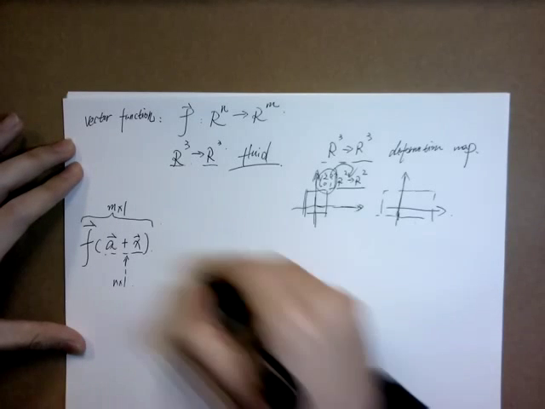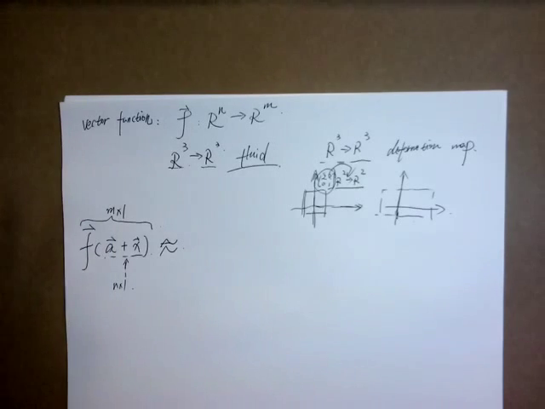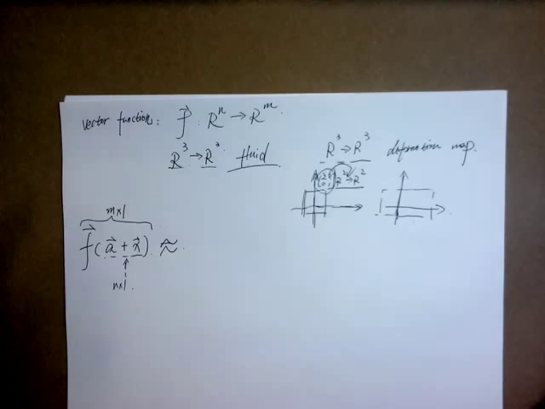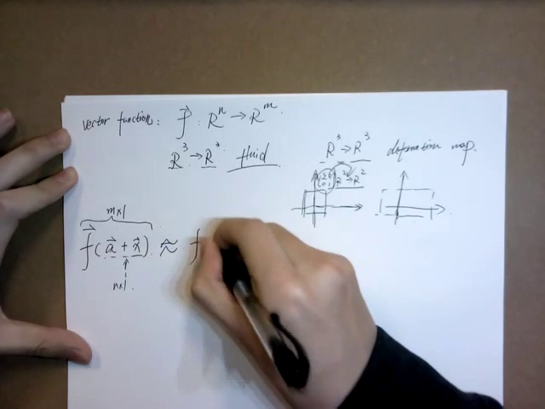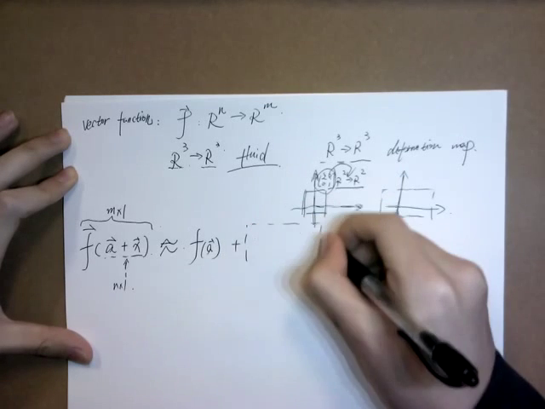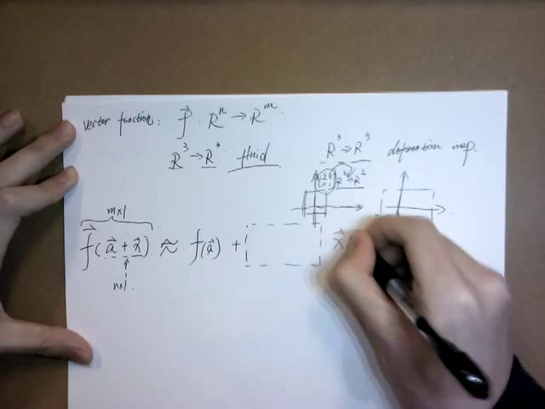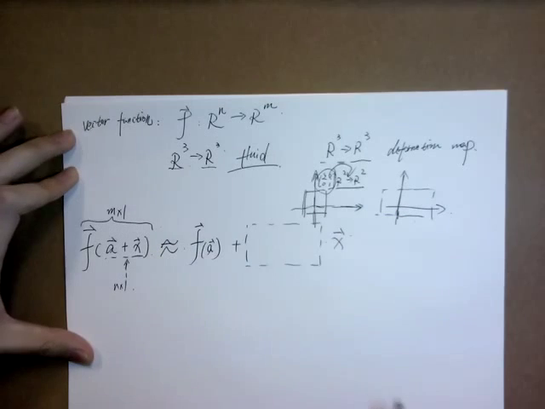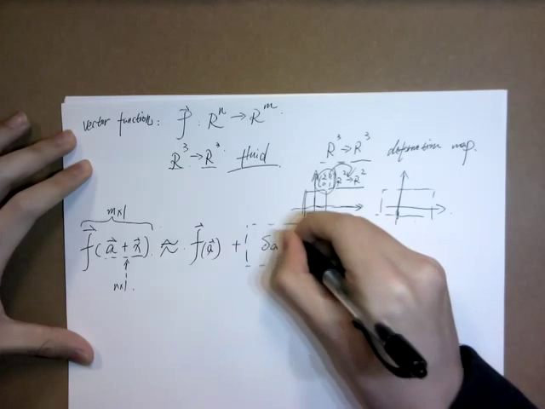Because the first order total derivative tells you the best linear approximation of the function, I'm going to write this as my total derivative multiplied by x. And this will be the total derivative of f.